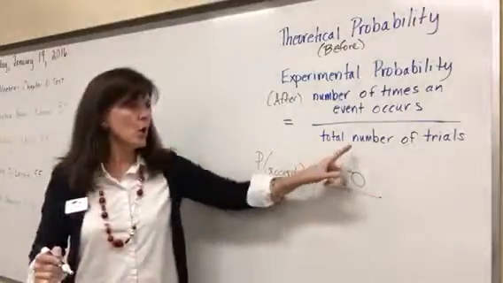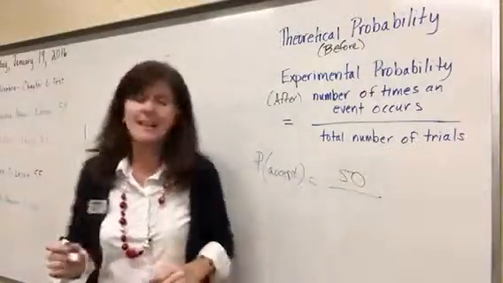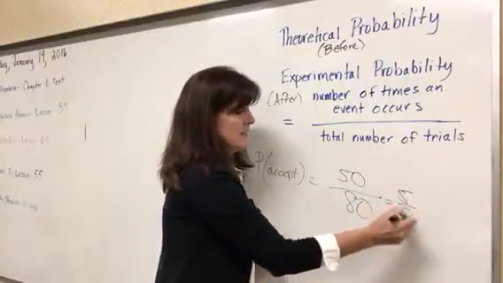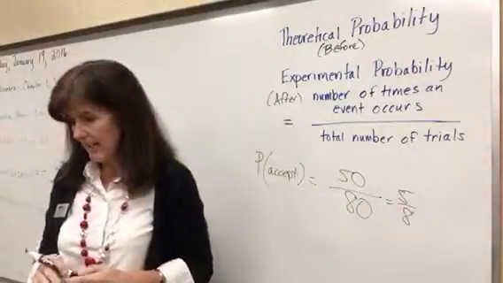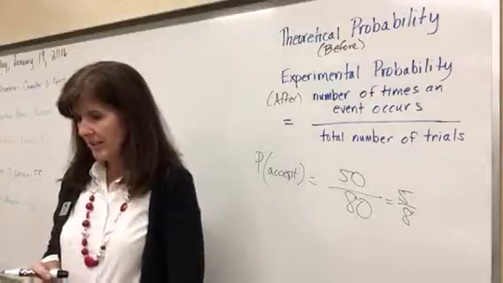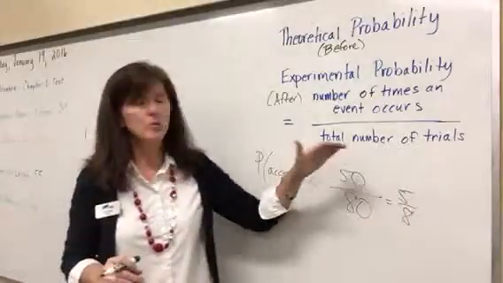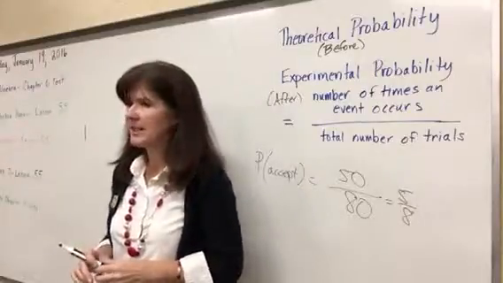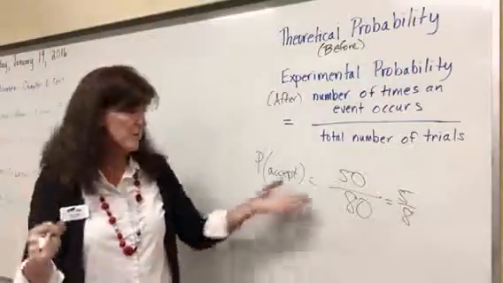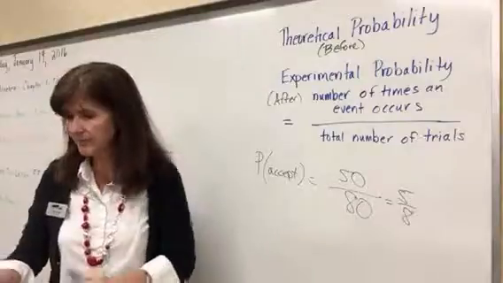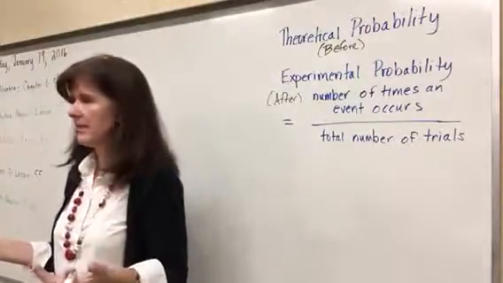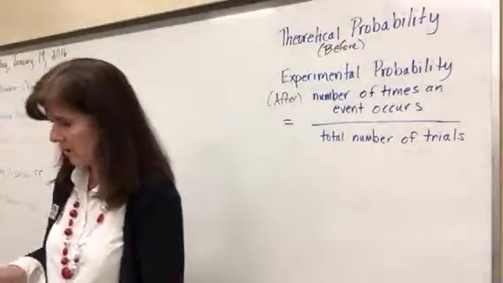And what was the total number of trials? 80, right? Because 30 times it did not. So in this case, you could say the probability that a shopper at the mall will accept the sample is 5/8. 5 out of 8 people accepted the sample. And again, we reduced it. Okay? How many of you guys find this to be pretty easy? Good, good. Don't make it too hard.